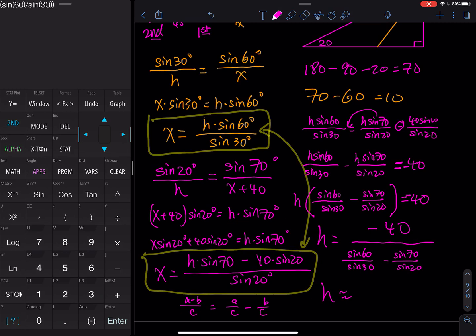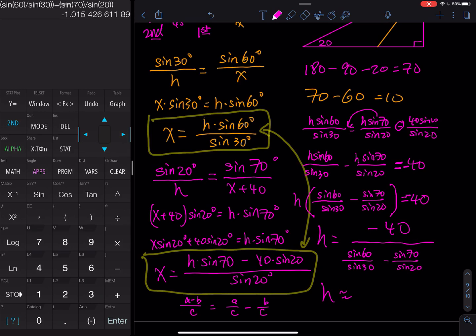And then you subtract, open parenthesis first, sine of 70, close parenthesis for the sine, divided by sine of 20, close parenthesis for the sine, close parenthesis for the whole fraction. So we have one fraction minus another fraction. And that gives me an approximation, right? So we are not going to round these things.